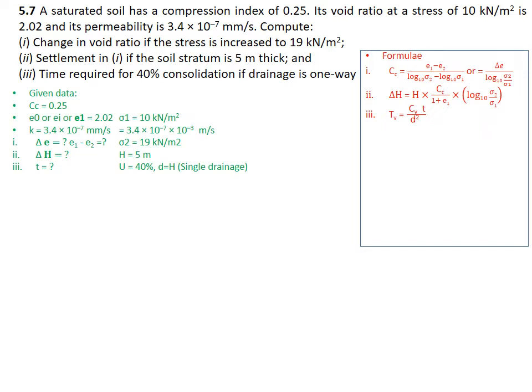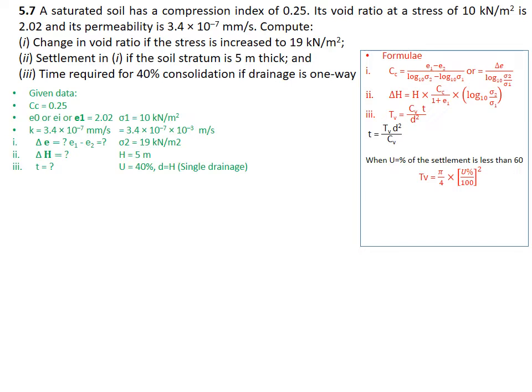Now to find out the parameters inside these formulas, we require more formulae. So if you see the last formula, we would like the formula for Tv. When the U is less than 60, which in our case is 40, the formula is pi by 4 times (U by 100) square. If it was more than 60, we have a different formula.